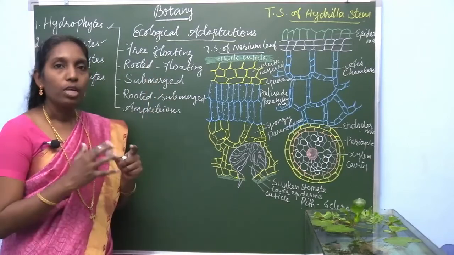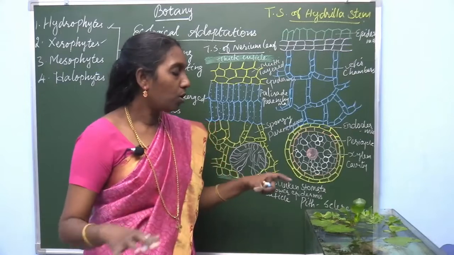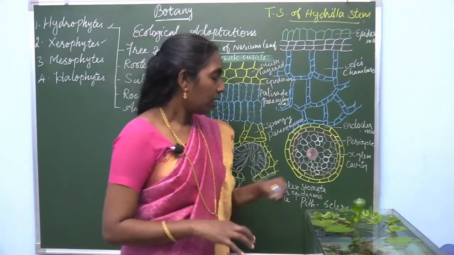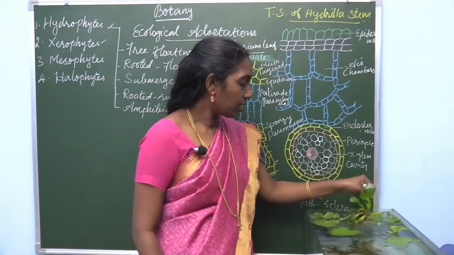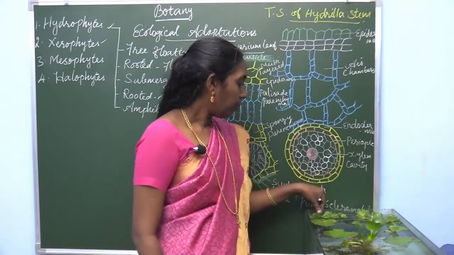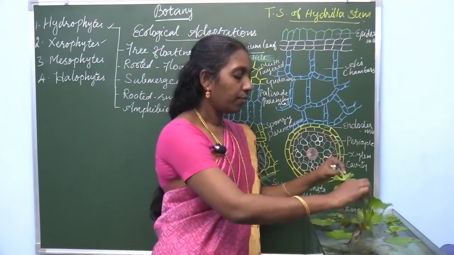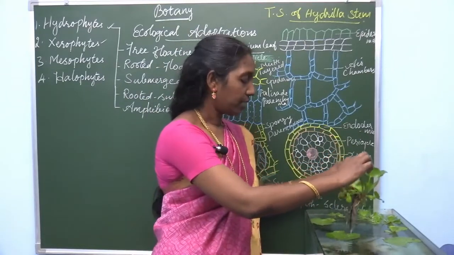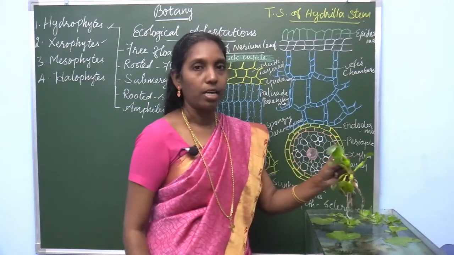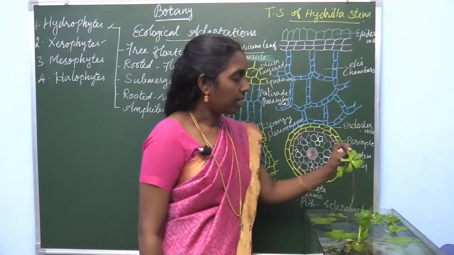These free floating hydrophytes are the organisms which can freely float on the surface of the water. This is Eichhornia and this is Pistia.